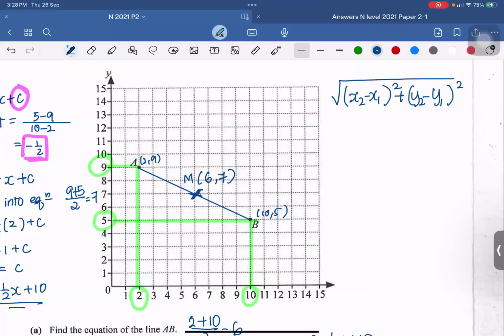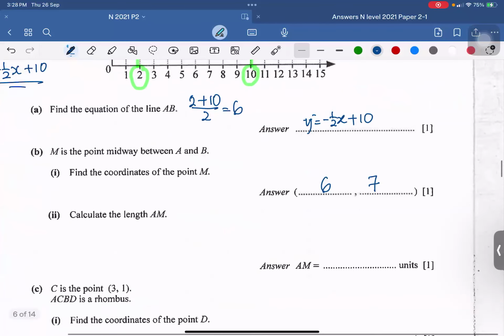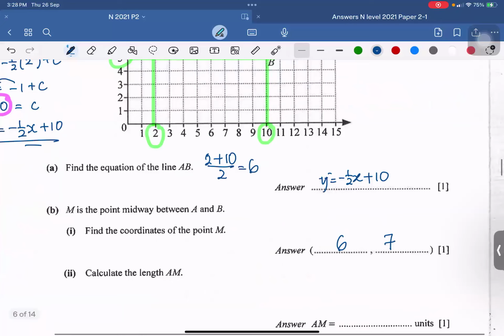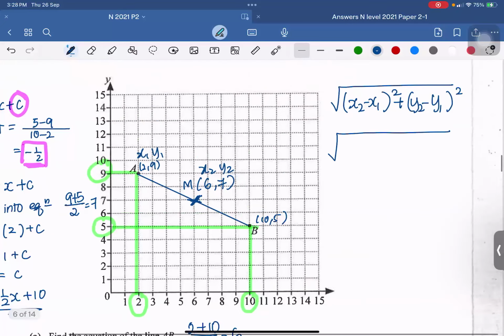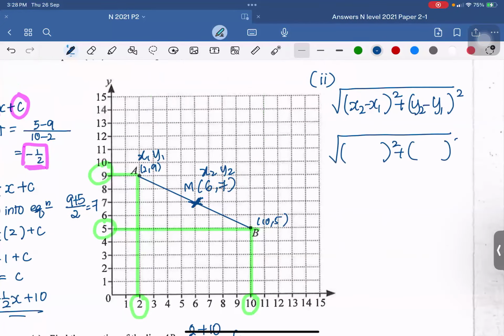So x2 minus x1, y2 minus y1. I'm going to use my two coordinates over here, x1, y1, x2, y2. This one is part 2. Then I'll have something like Pythagoras' theorem. So 9 minus 7, 2 minus 6.